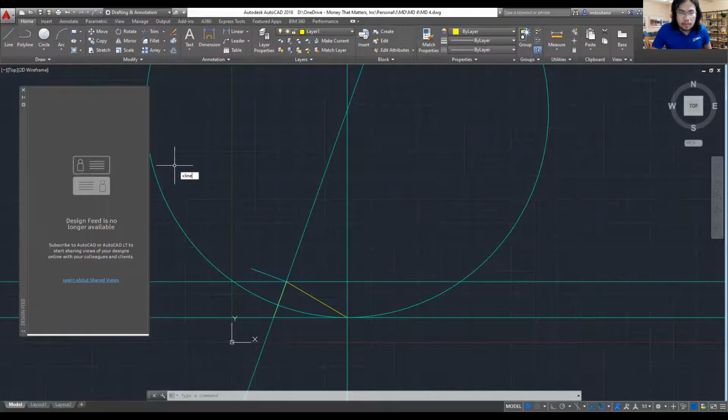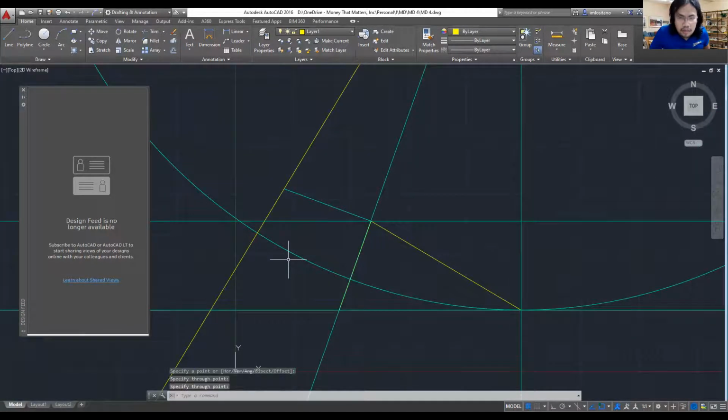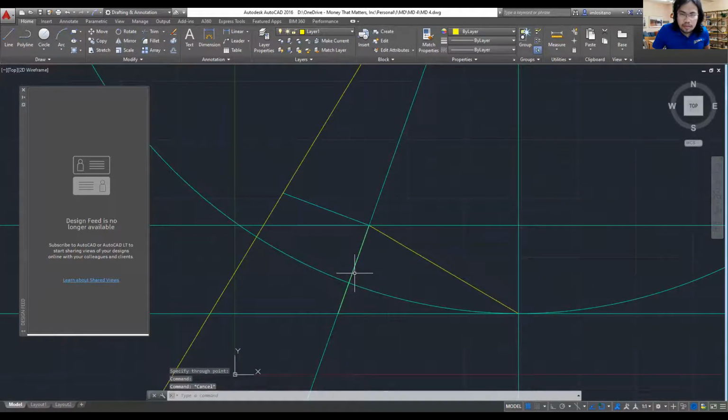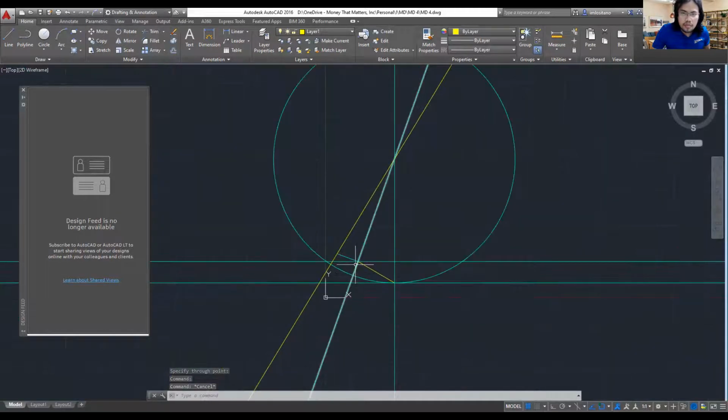Okay, and then we create a line that is perpendicular to this line.